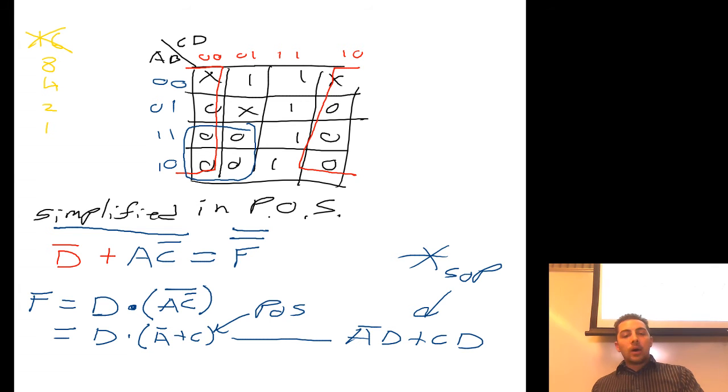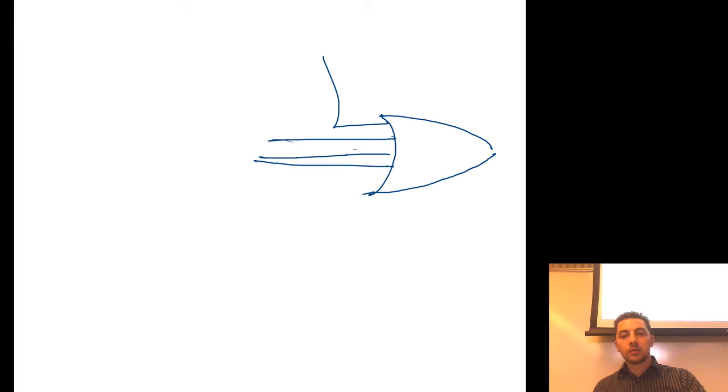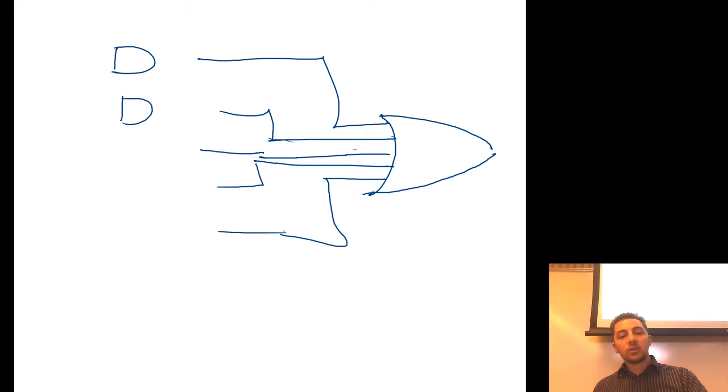Now, all of these Kmap tricks have been about finding a standard sum of product or a standard product of sum term. That will always reduce, in the case of sum of product, to some number of AND gates going into a single OR gate.